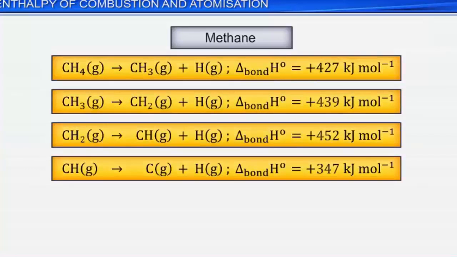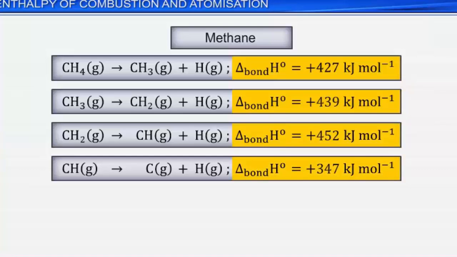The energies required to break these bonds are successively plus 427, plus 439, plus 452, and plus 347 kilojoules per mole, respectively.